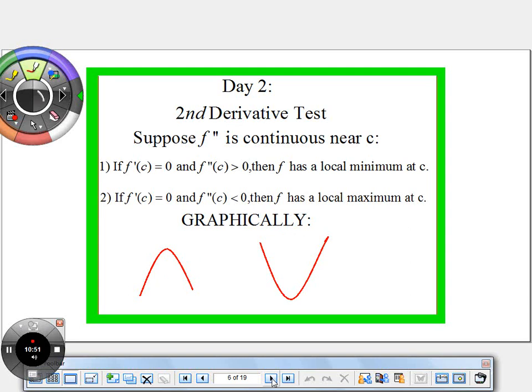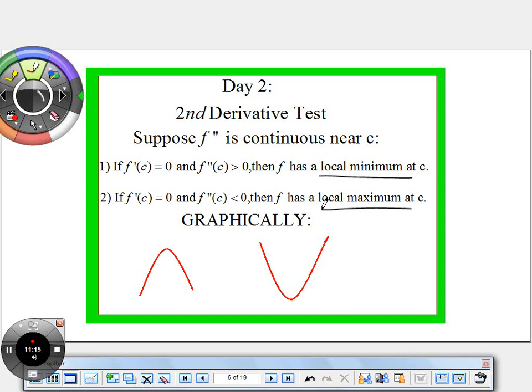So we have what's called the second derivative test, and this one's used quite a bit as well. And it helps us find out the local maximums and the local minimums as well. So what you would do there is that you would find the second derivative of a function. And I'll have to do an example of this.